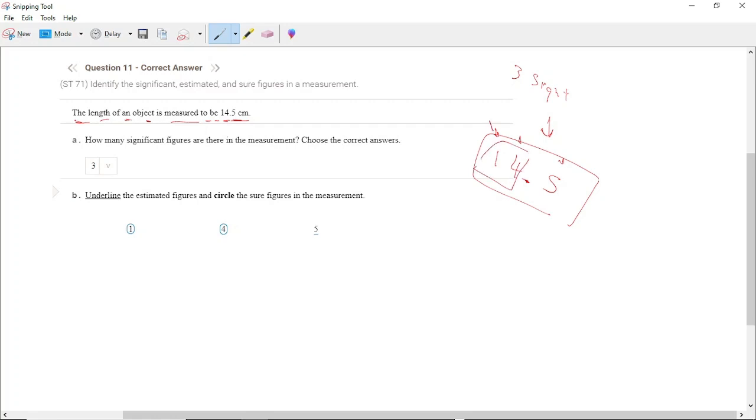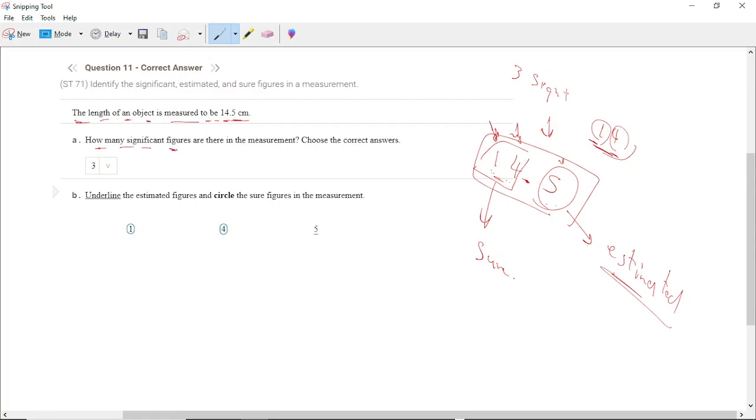The sure digits are 1 and 4, as we already discussed in the last examples. And 5 is estimated. The last digit in any number is estimated, and 1 and 4 are sure digits, and I have 3 significant digits.